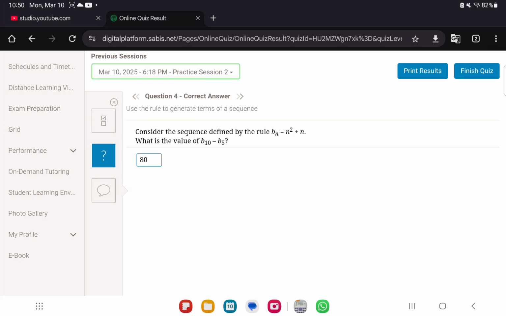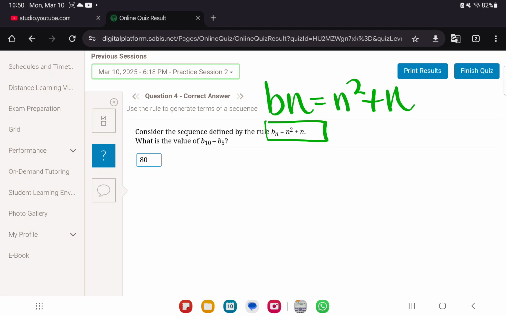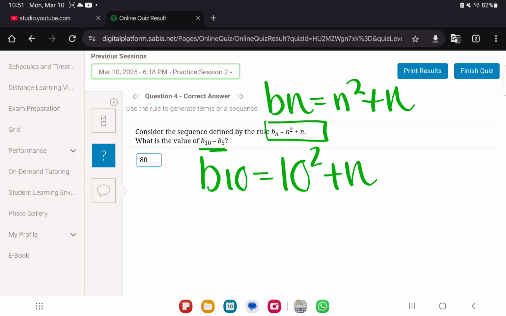Now question number 4. This is a very, very easy question. Here they're telling you the rule is bn equals n squared plus n. So they want b10 and b5, and we minus them by each other. So b10 equals 10 squared plus 10, equals 100 plus 10 equals 110.